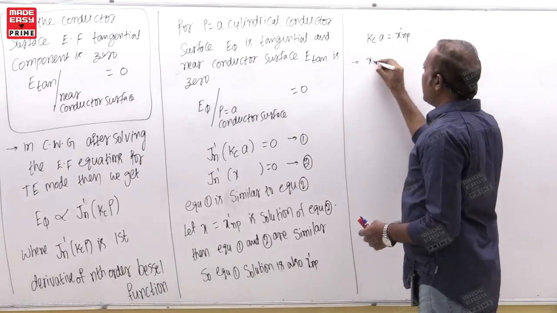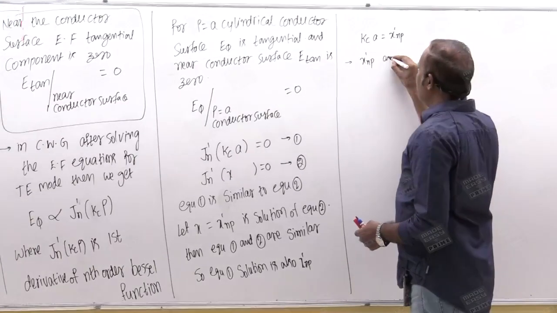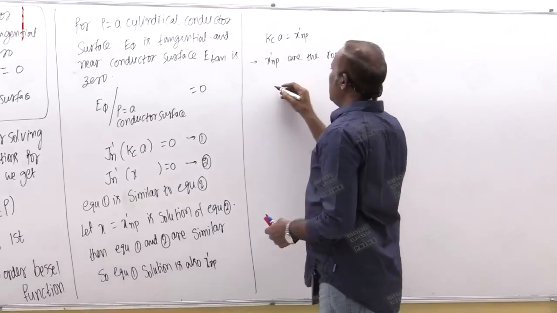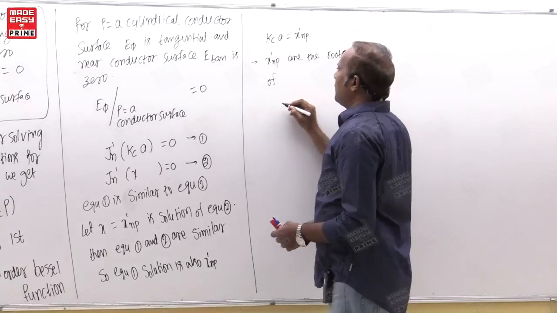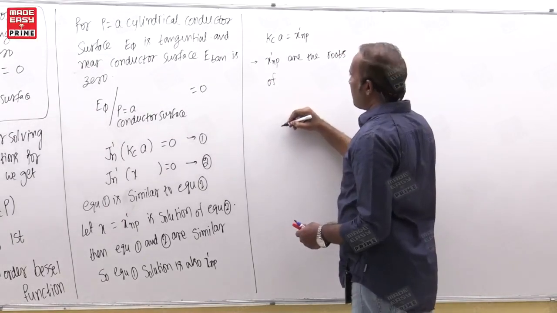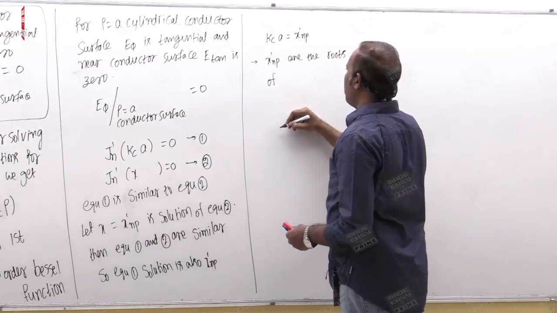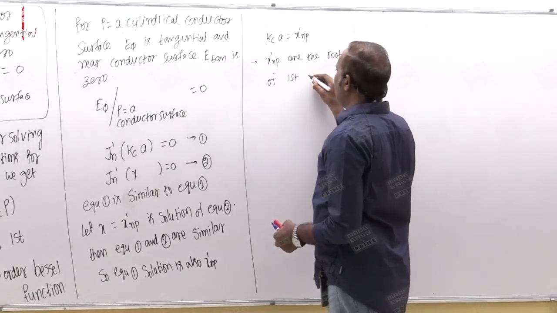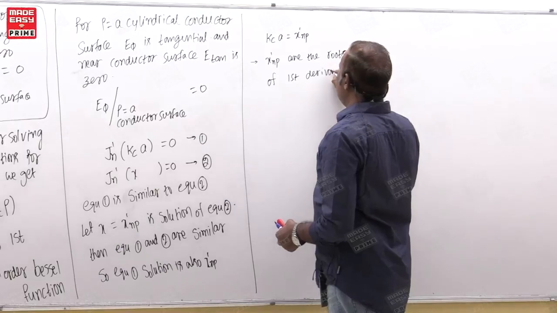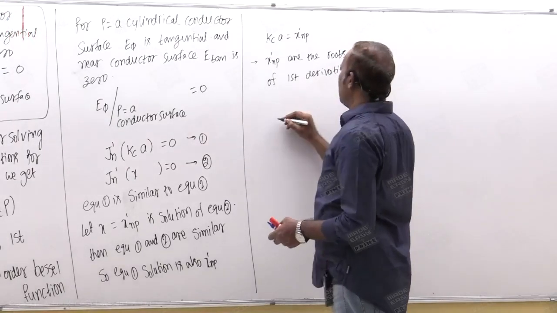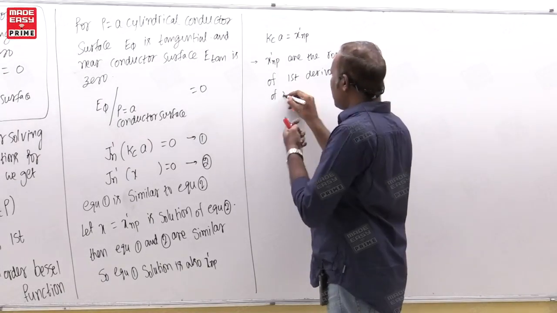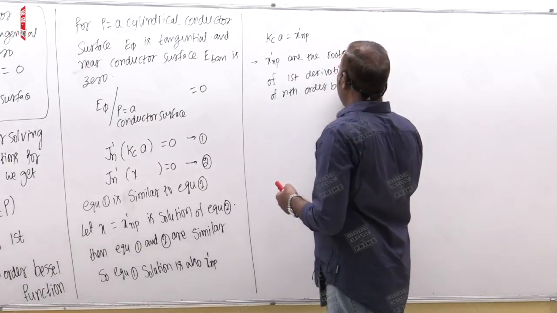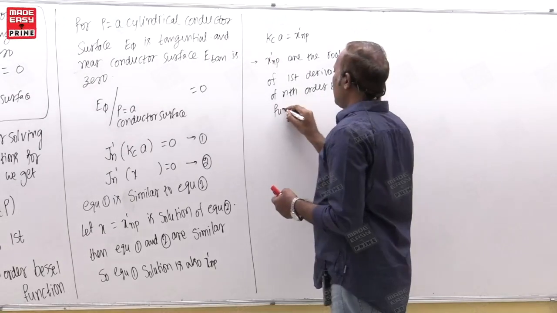So here x np dash are the roots of the first derivative of nth order Bessel function.